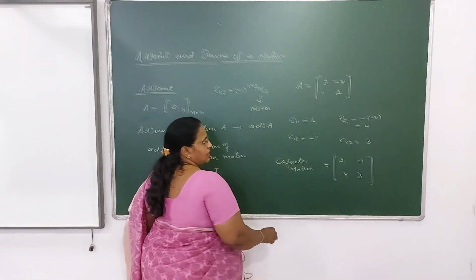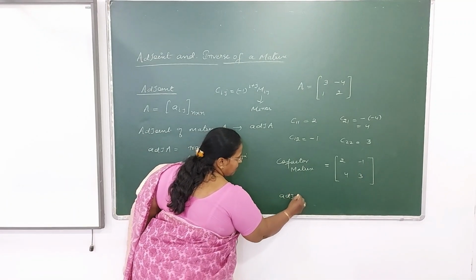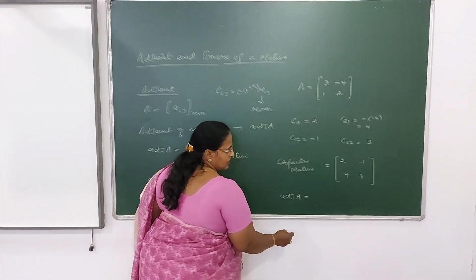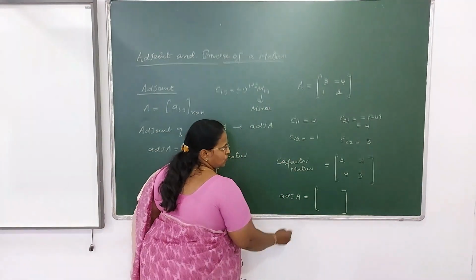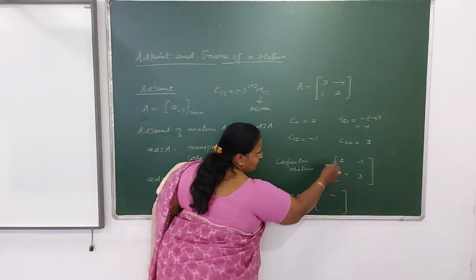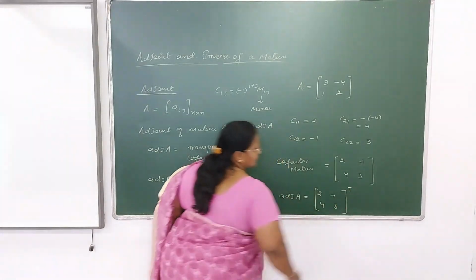Now how is adjoint of A defined? Adjoint of the given matrix is defined as the transpose of the cofactor matrix. So transpose the cofactor matrix we have just calculated, which is this.